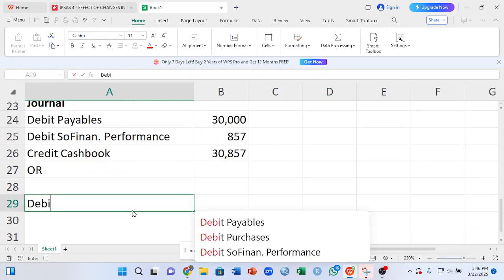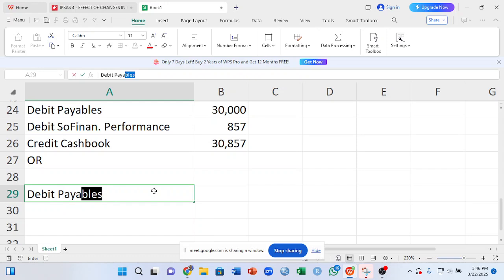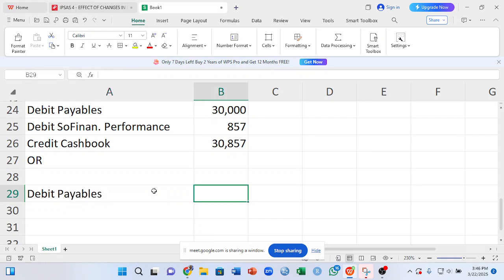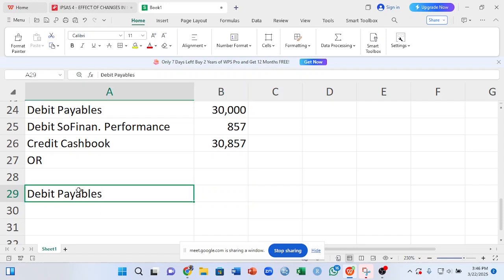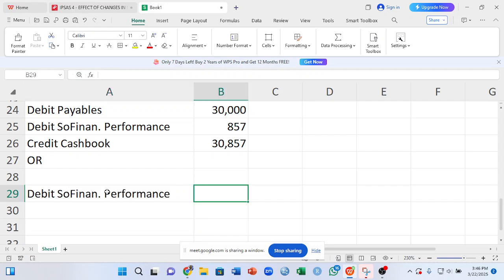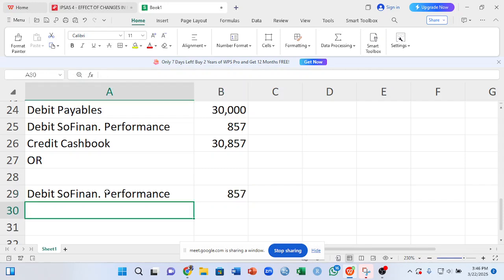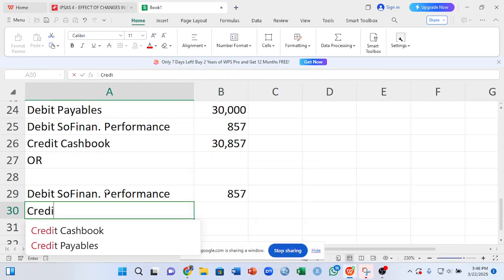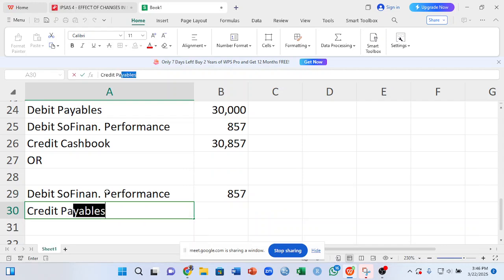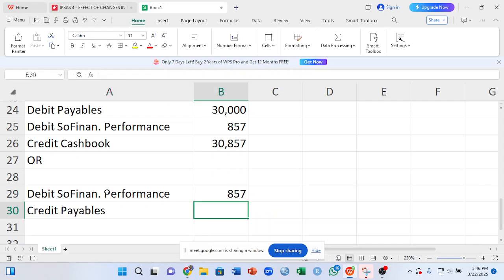You debit your statement of financial performance with the 857, and you credit payables with it to increase it, right? 857.